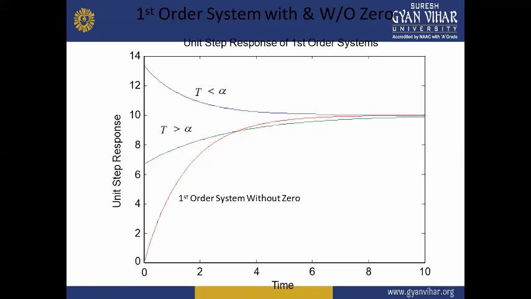But with the introduction of the zero into the system, an offset is introduced, and this offset will clamp the plot from 0 to approximately 5.5 for t equal to 0. Similarly, if we reduce the time constant to less than alpha, that will change the picture completely.